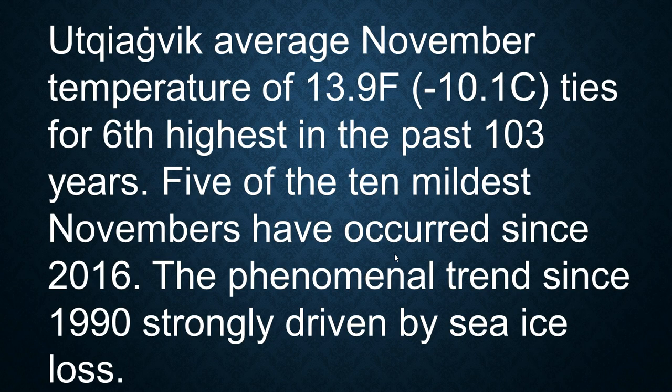Okay, now we're going to take a peek at Alaska. So we're going to look at Utqiagvik, formerly known as Barrow, but now the name change is official. It's Utqiagvik. The average November temperature of 13.9 F, about minus 10.1 C, is tied for the sixth highest in the past 103 years. 5 of the 10 mildest Novembers have occurred since 2016.